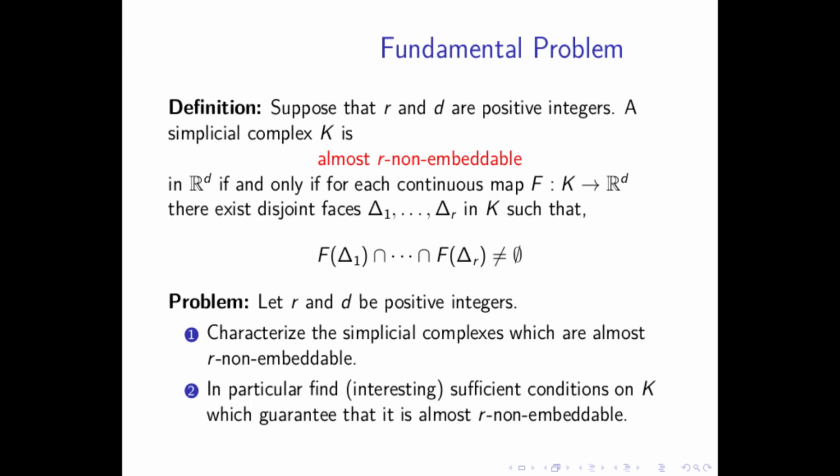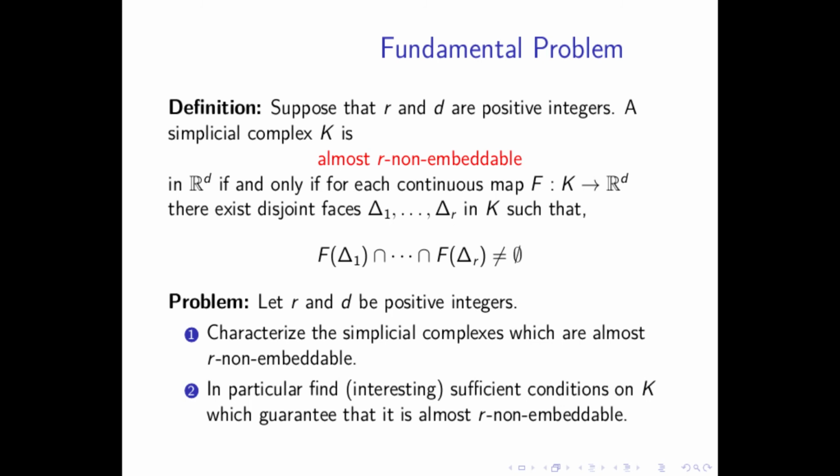It is the question of this general form. If you have a map from a simplicial complex, you ask whether you can find, for a given r, vertex disjoint faces so that they always overlap in the image.